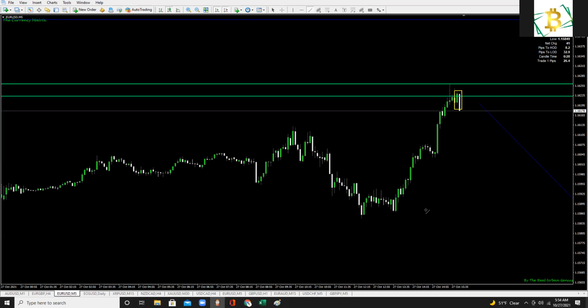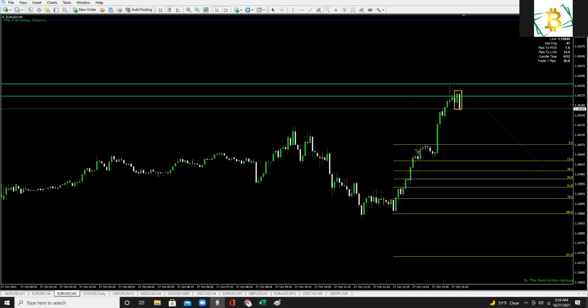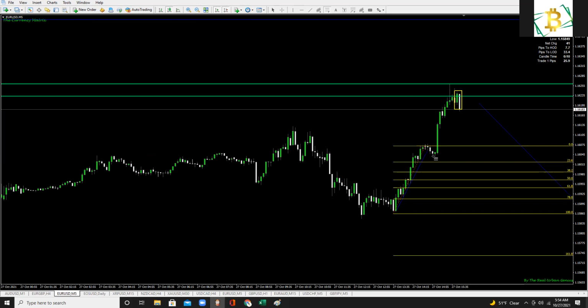Now, what we can do is in this particular trend, we can apply our Fibonacci. All right, we got the bulls trend over right here at this bearish retrace.